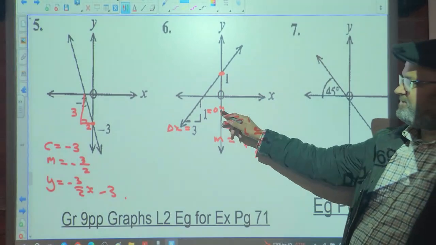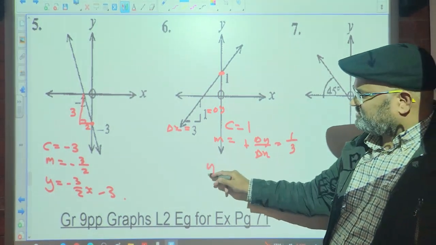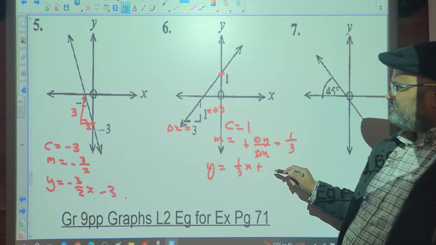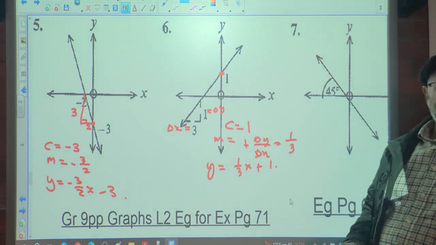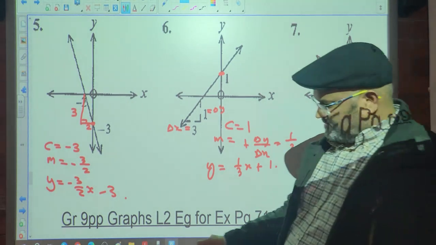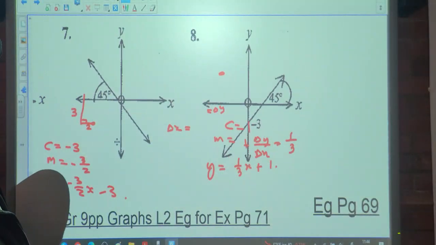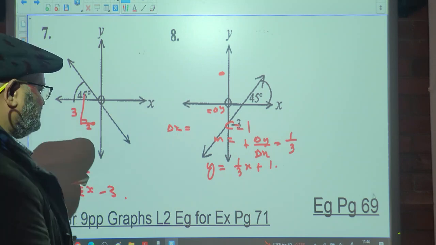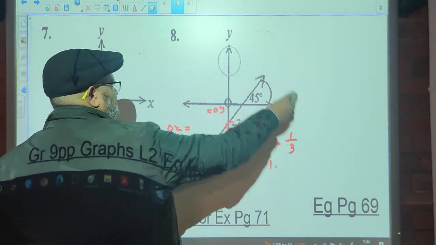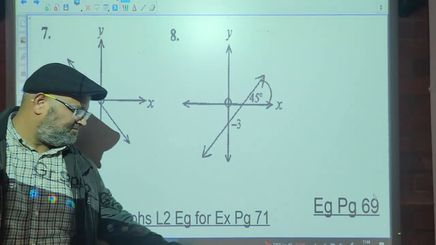So in this case, it's going to be 1 over 3. So what's my equation? y is equal to a third x plus 1. Okay. So any confusion, people? You can apply this method if you got the information that is required as well.